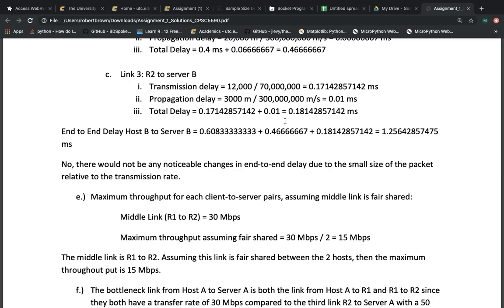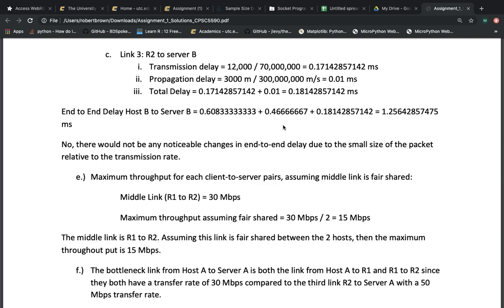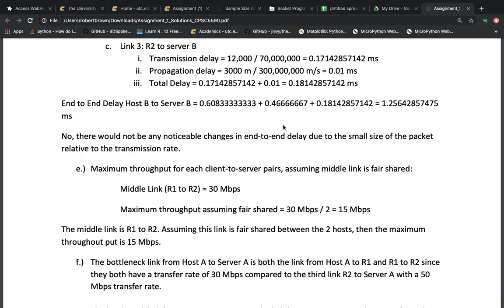We're going to find the delay at link 3, which is R2 to server B, which is the last link, and the transmission delay is going to be 0.17142 milliseconds. The propagation delay is going to be 3,000 meters divided by the speed, 300 million meters per second, which is going to give us 0.01. The sum of these 2 delays is 0.18 milliseconds.